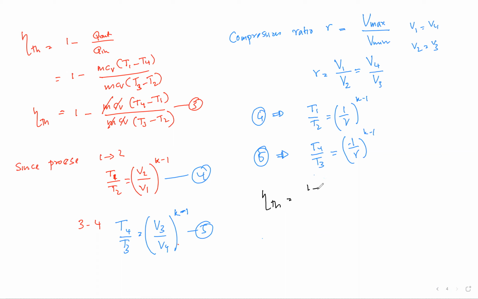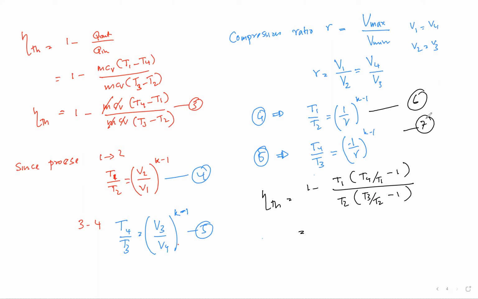Now I can write 1 minus T1 times T4 over T1 minus 1, divided by T2 times T3 over T2 minus 1. From these two equations, 6 and 7, I can obtain T4 over T1.